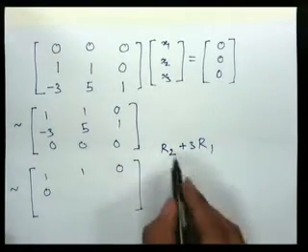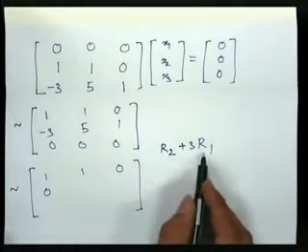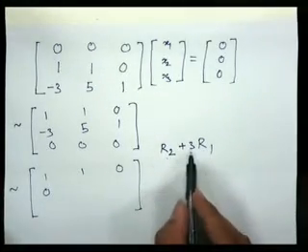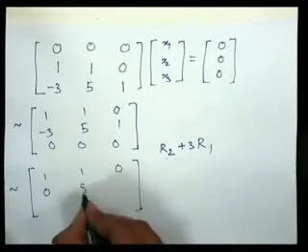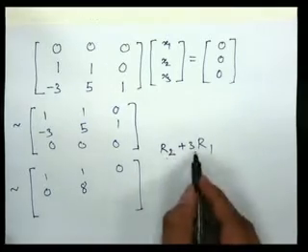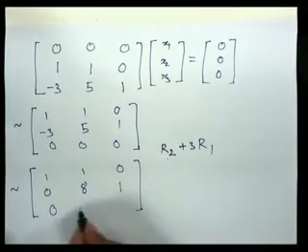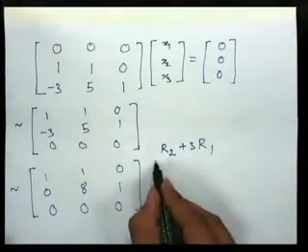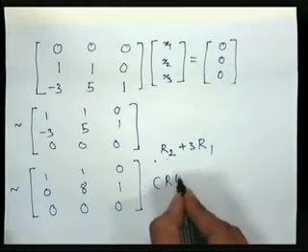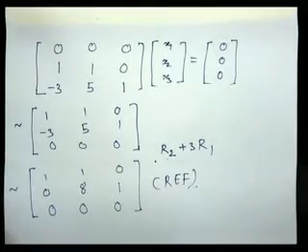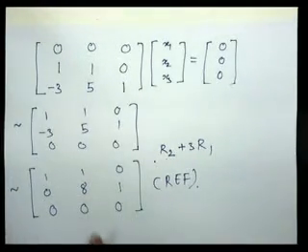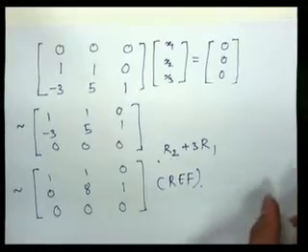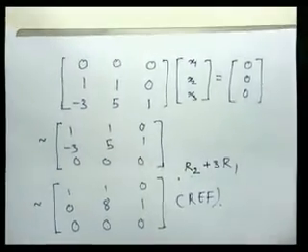So R2 is minus 3 plus 0, and 5 plus 3, that is 8, and 1 plus 0 is 1, and 0, 0, 0. This is the row echelon form, right? We solve the system for this matrix, and the solutions of both systems are the same.